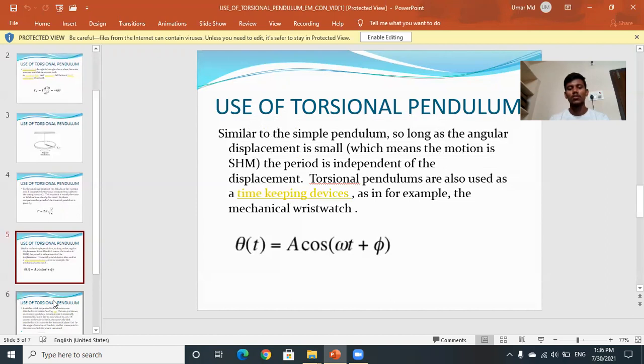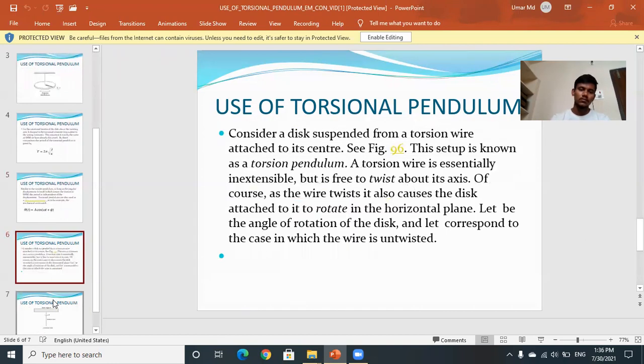θ(t) = A cos(ωt + φ). Consider a disc suspended from a torsion wire attached to its center. This setup is known as a torsional pendulum.